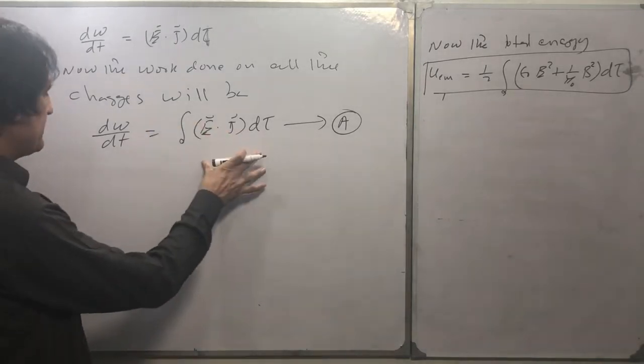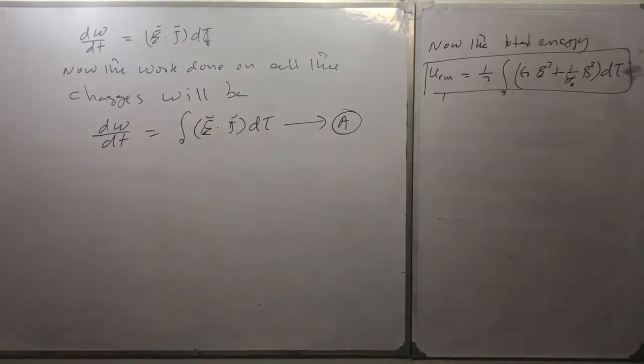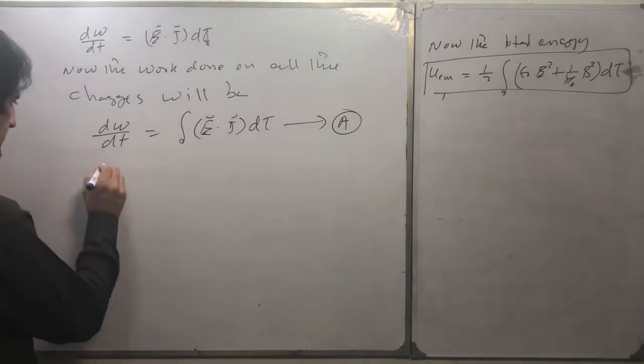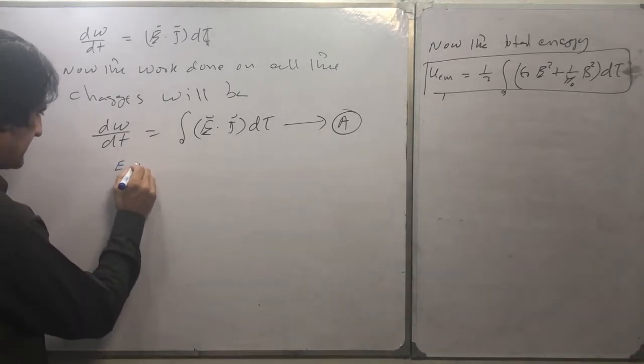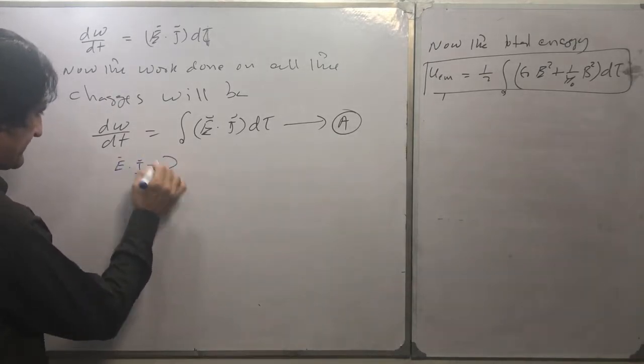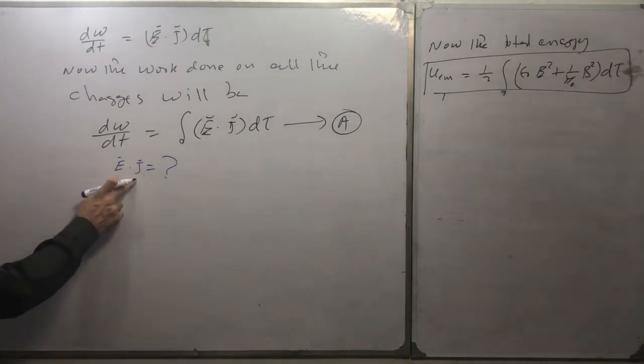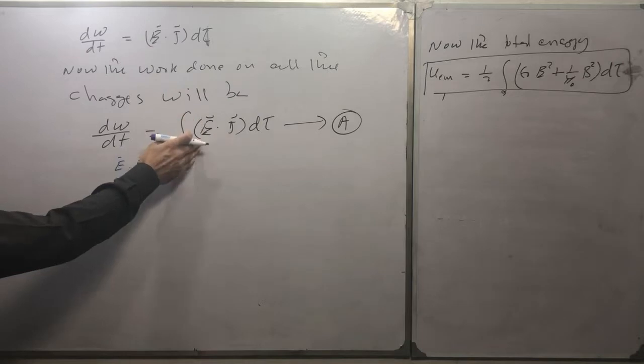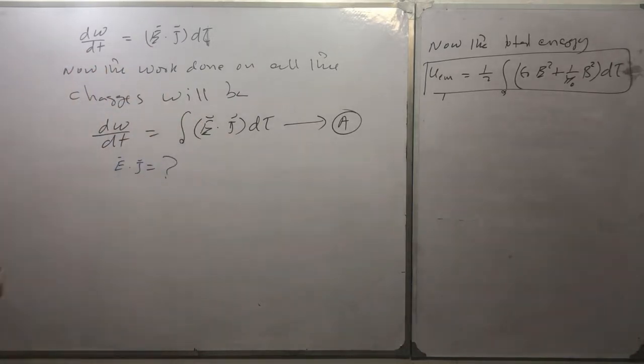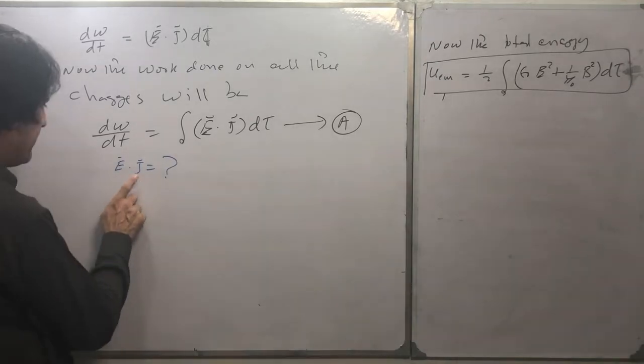From this equation, we need to find E dot J. If we find E dot J and put it in this equation, we can get the work done. So how can we find E dot J?